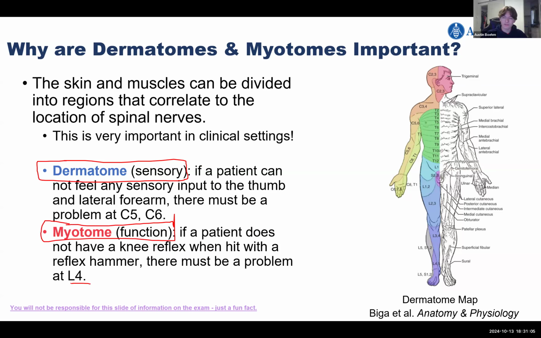If someone has a good reflex, you hit it and their knee twitches out, you know that their L4 is likely working well. Whereas if that wasn't working, you would know there's either a problem at L4 or possibly above it, because the spinal cord is one continuous unit. So if something affects a level above, it's also going to knock everything else out below it, like a power line. But this is not something you need to get lost in the weeds on. This is more for understanding the importance of these topics.